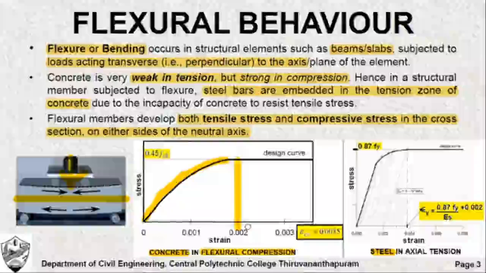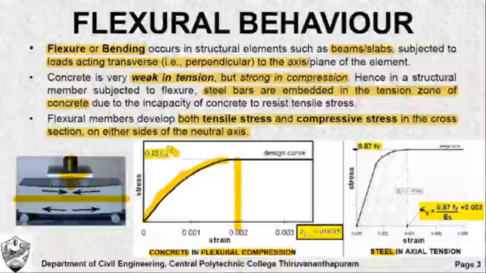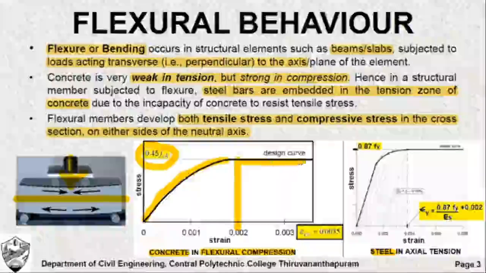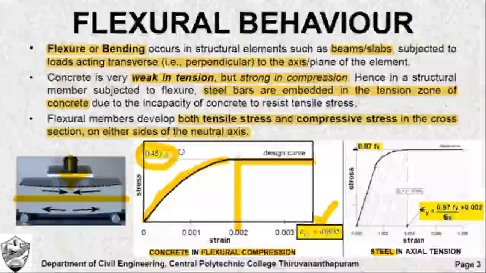Up to a strain value of 0.002, the curve is parabolic in nature, and the corresponding design strength of concrete is 0.45 fck, and this stress value continues till the ultimate strain of 0.0035. So when the concrete reaches a strain of 0.0035, concrete fails. What is the maximum strength or the design strength of concrete? 0.45 fck. So these values you should be thorough with.